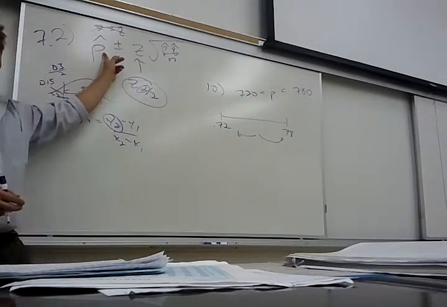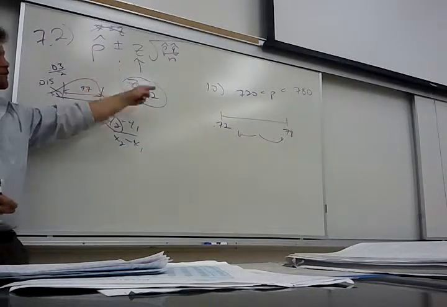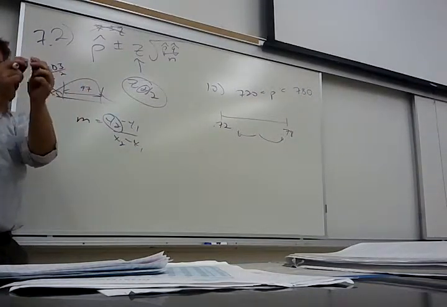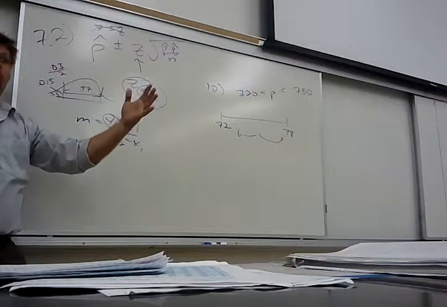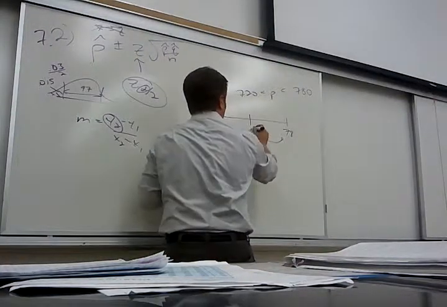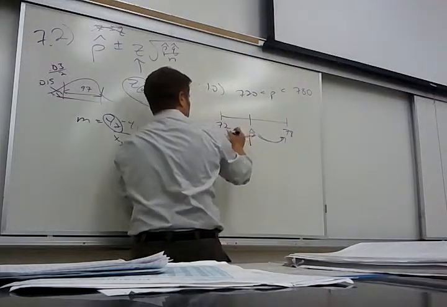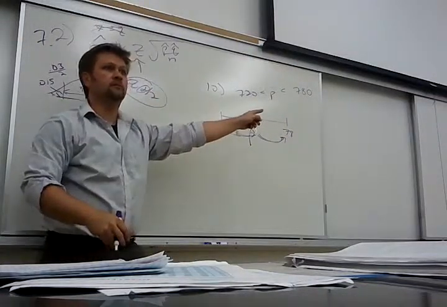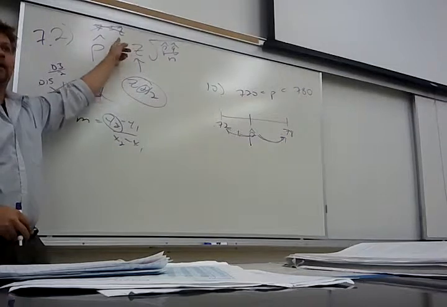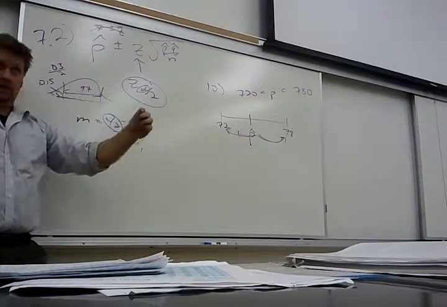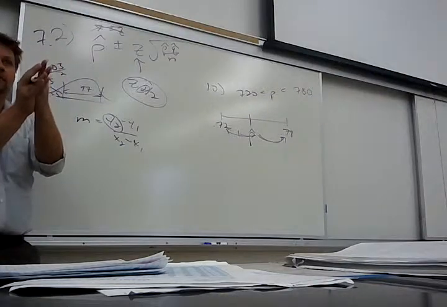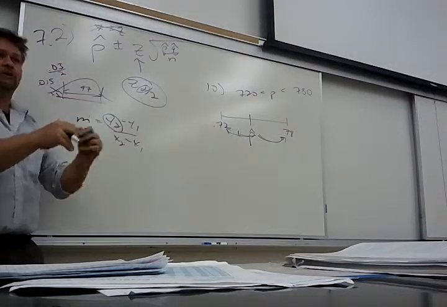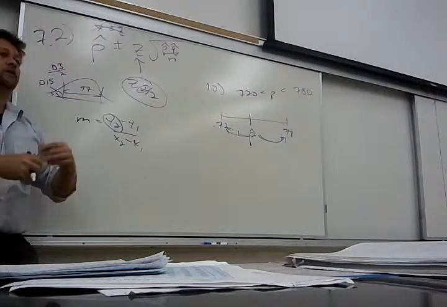It's going to have to be p hat. P hat must be right in the middle of any confidence interval that you make for a percentage. Period. Why? Because what do you do with p hat? You add something to it and you subtract something from it to get those numbers, right? Give or take. Add, subtract. Up and down the same amount. So what is right in the middle of 0.72 and 0.78? 0.75.